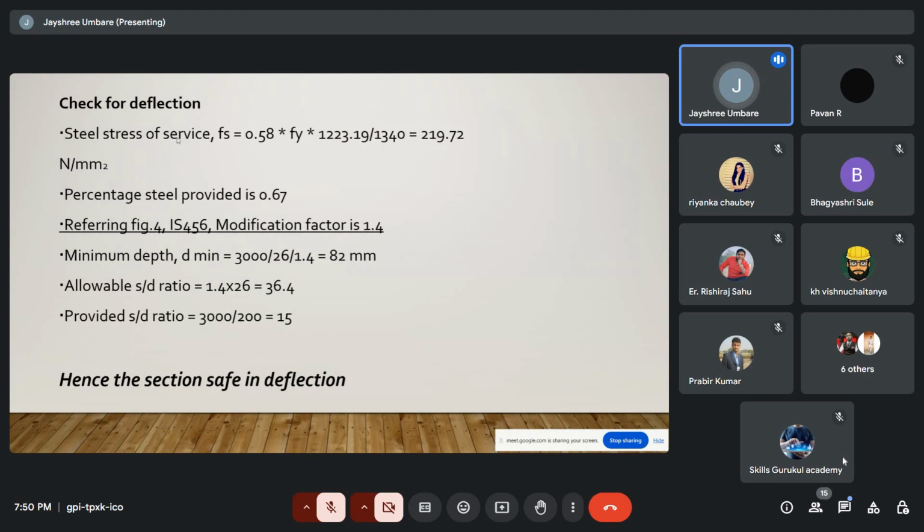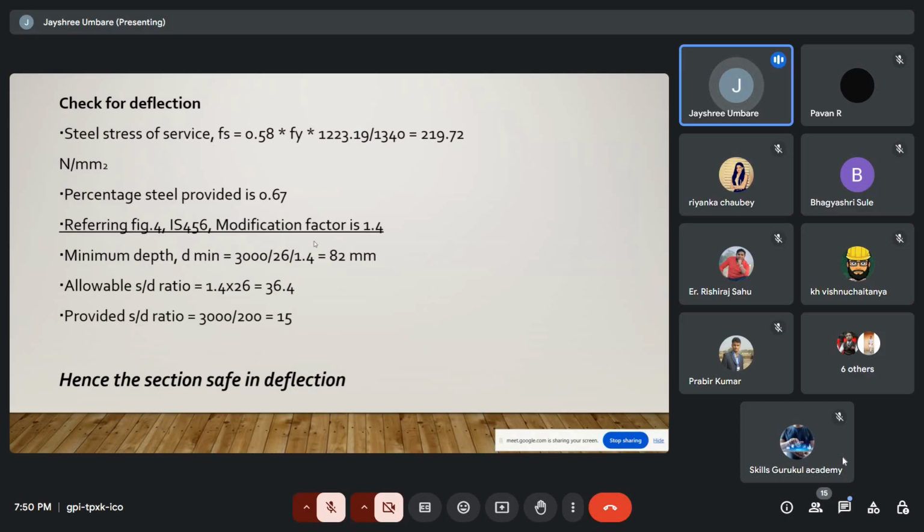Check for the deflection. Steel stress at service is 0.58 into fy into 1223.19 divided by 1340, which is 219.72 Newton per mm square. Percentage of steel provided is 0.67. Referring to Figure 4 of IS 456, the modification factor is 1.4.